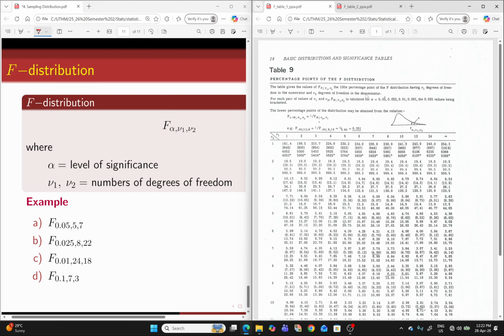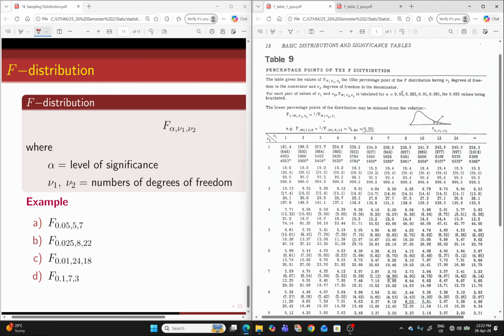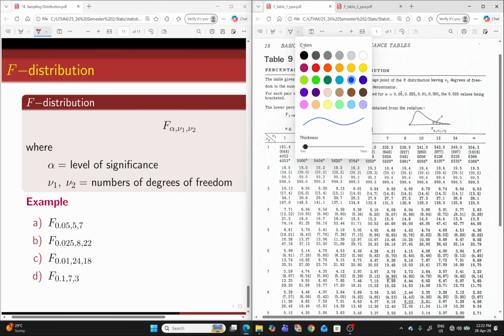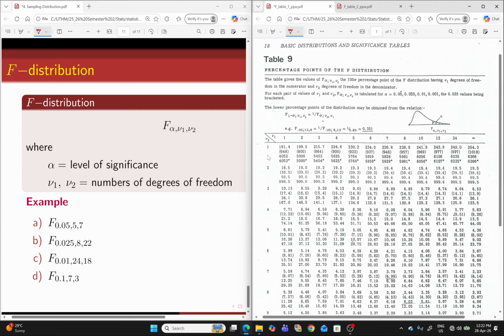The F table has two pages, a continuation. Okay, so here, if you look at this one, we are looking at degrees of freedom first. F1 is here. F2 is here. This is F1. This is F2.